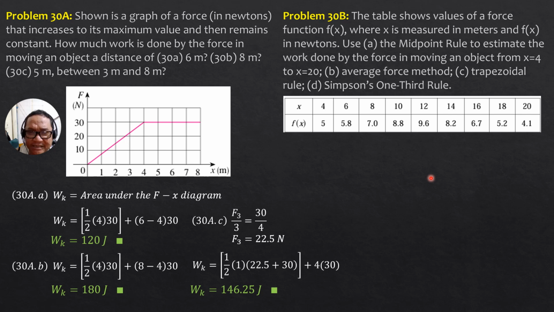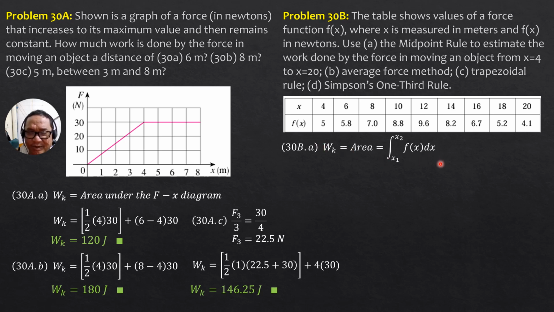Then work is, by principle, the area under the force versus displacement curve, or simply the integral of f of x dx. So the important thing is it is geometrically interpreted as the area under the force versus displacement curve.